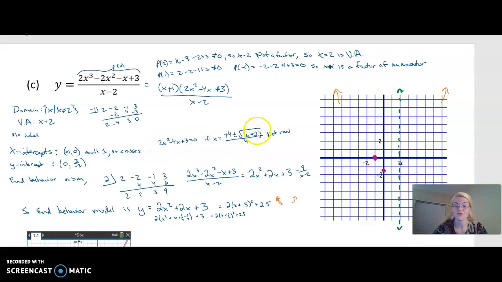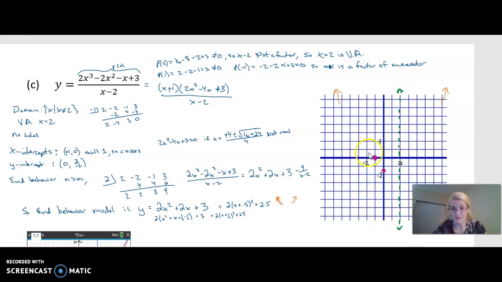Whoa, 16 minus 24, that's negative inside my radical. That's not real. So there's only one real x-intercept. Right? The y-intercept, if I plug in 0, I've got 3 over negative 2. So that's negative 1.5, which I plotted right there.